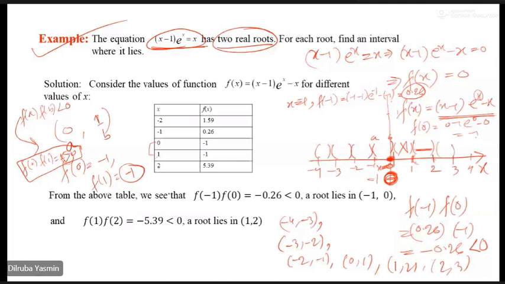get the intervals 1, 2, and another interval minus 1, 0. Okay, so in these two intervals you will get two real roots. Now is it clear?